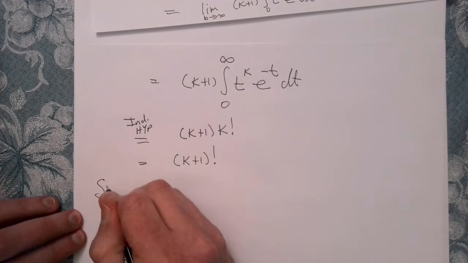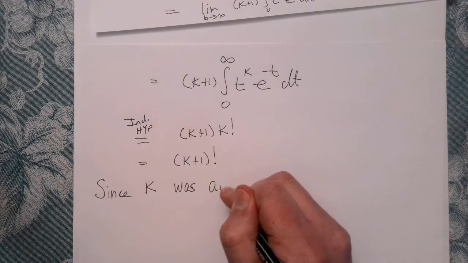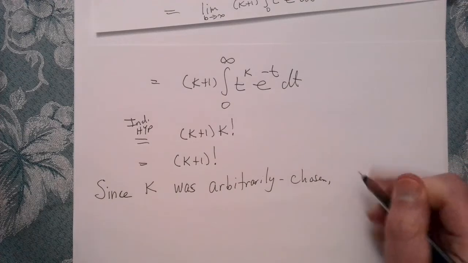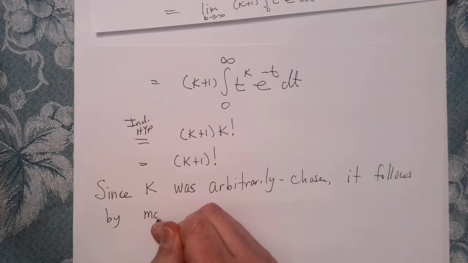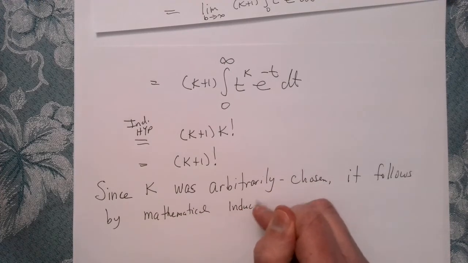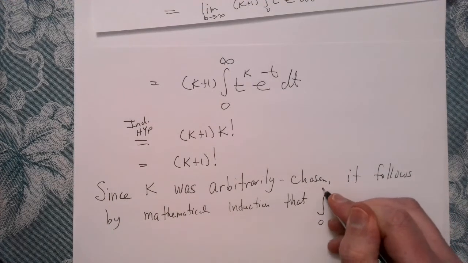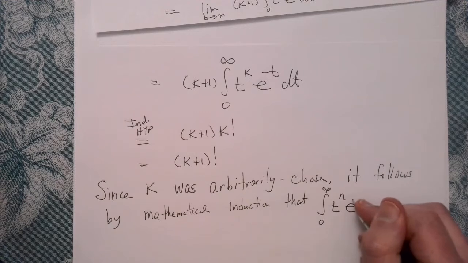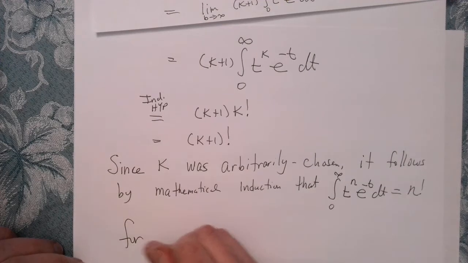So I'm going to say, well, since k was arbitrarily chosen, it follows by mathematical induction that the integral from 0 to infinity of t to the n e to the minus t dt equals n factorial for all natural numbers n.